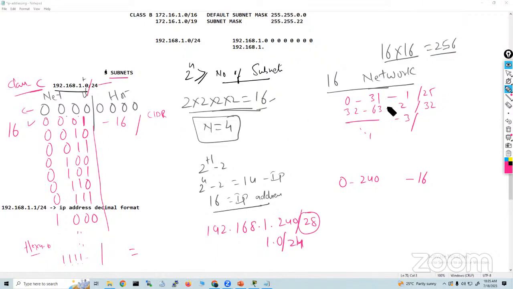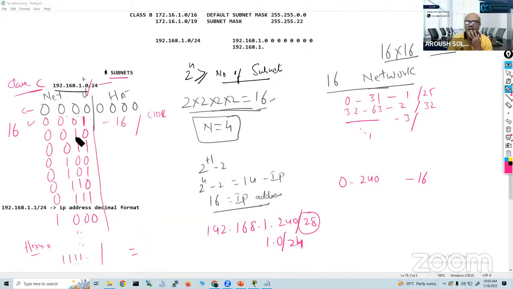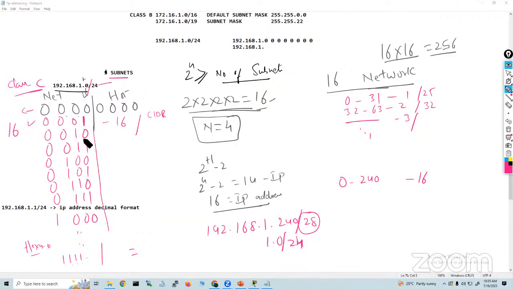Two octet, I think. A little confused here. The first network you have from 0 to 31. The subnet max will add 64.